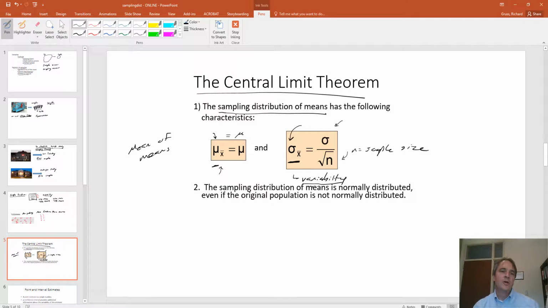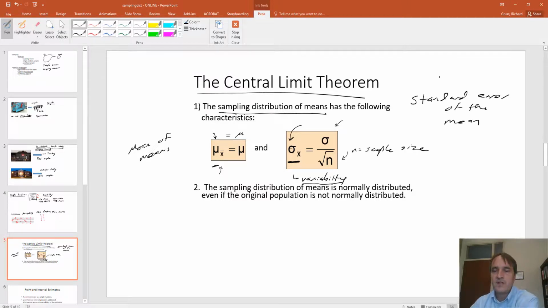Therefore, we have to be careful about drawing conclusions from a sample, because that sample is not going to be the same as another sample. And that means we don't know which one better represents the population. So this standard deviation of these means has a particular name. This is called the standard error of the mean.